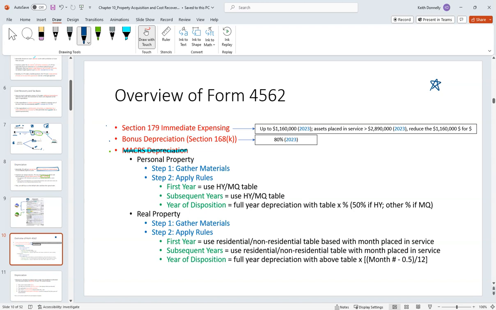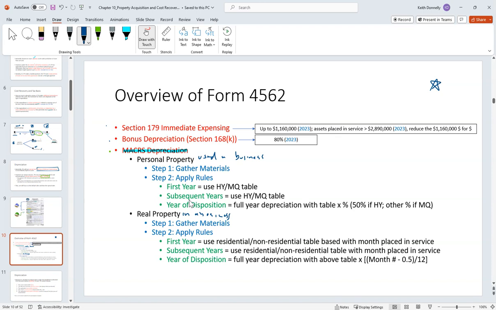So we're talking about personal property used in a business, so things like a car, a truck, a machine, equipment, as well as real property used in a business, so maybe an apartment that we buy to rent out for an Airbnb or an office building that we buy. So it's personal property used in a business and real property used in a business.